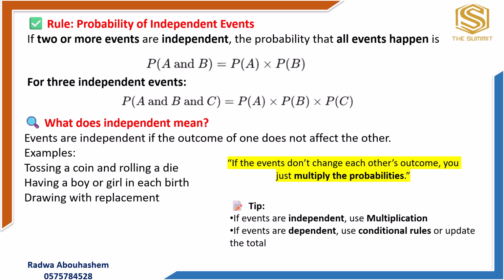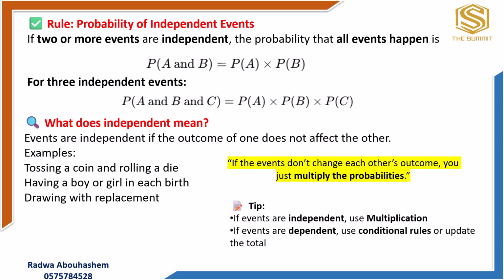What if it changes the outcome? For example, you are drawing some balls, but without replacement. You have 6 red balls and 5 green balls, and you are drawing red or green balls without replacing them, or without putting them back in the box. This means that the outcome or the total will change.